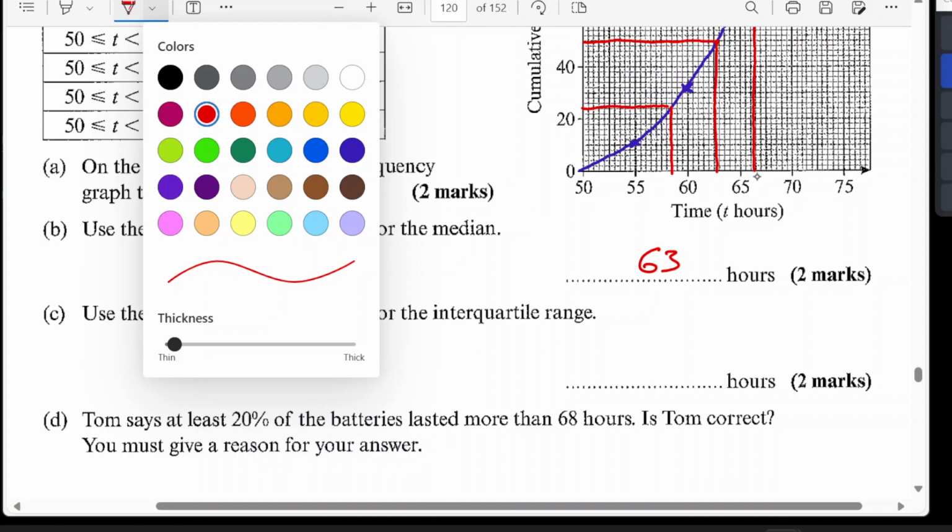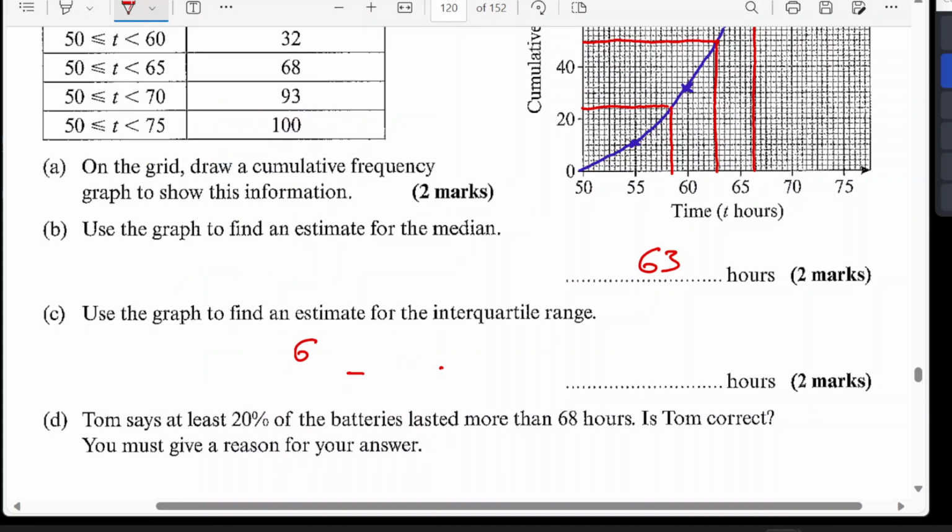So that's going to be more like 66 minus, and that's going to be 55. Well, we're looking at 58. So I'm going for 8 hours.